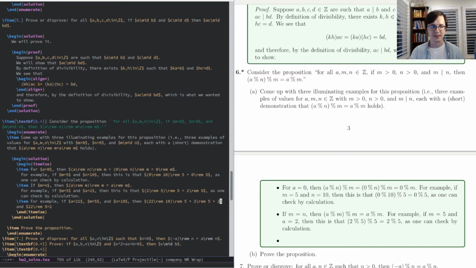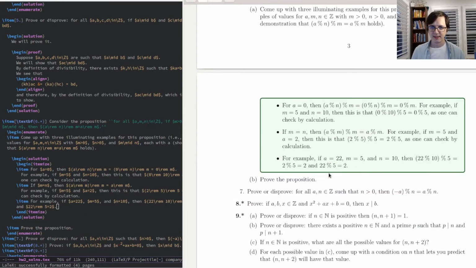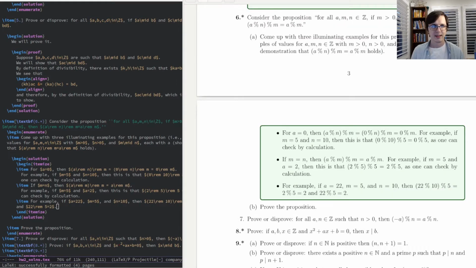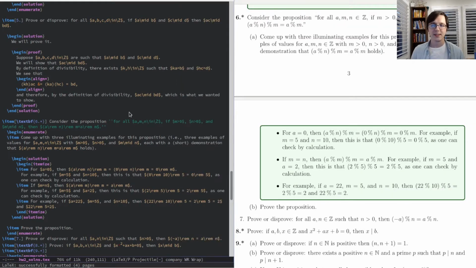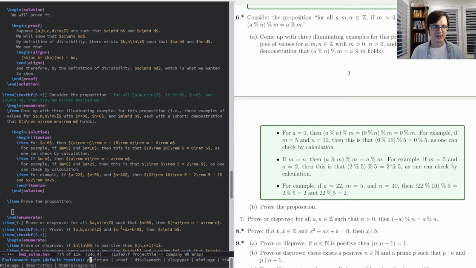And 2 remainder 5 is 2. Okay. That seems good enough to me. It's enough to at least make me believe that it might be possible for this to be true.